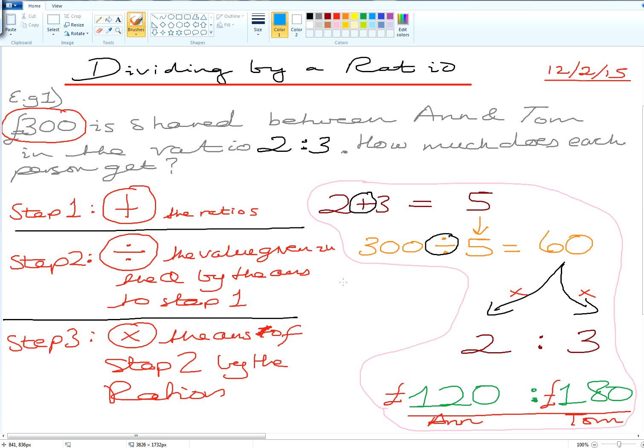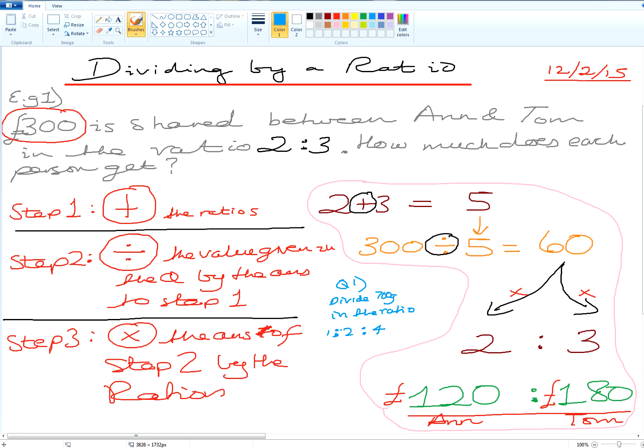So that's example 1. This is question 1: divide 700 grams in the ratio 1 to 2 to 4.